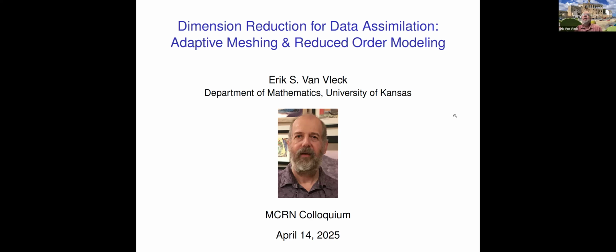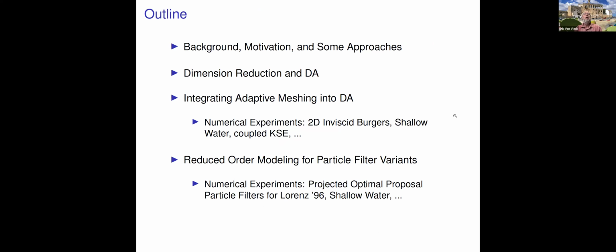Let me see if I can advance my slides. Okay, so here's a little outline. I'll start out with some background, probably a little bit too much background on DA, and I'll try to give some motivation and talk about approaches. Talk generally about the need for dimension reduction, in particular in the analysis step.